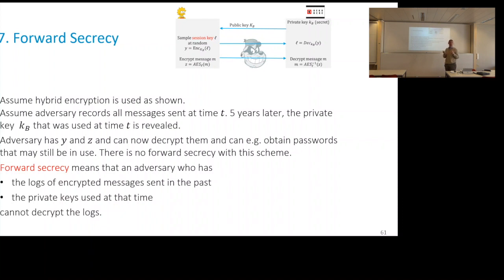And that happens. Some companies were a bit non-serious in their software, so instead of choosing two random prime numbers, they always picked one the same, and only the second one was random. But of course, once you know that, you can try to break it, and this can be broken. So there are lots of reasons that can make that happen.